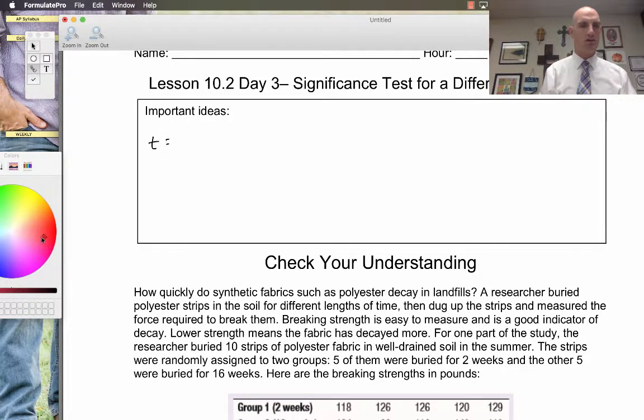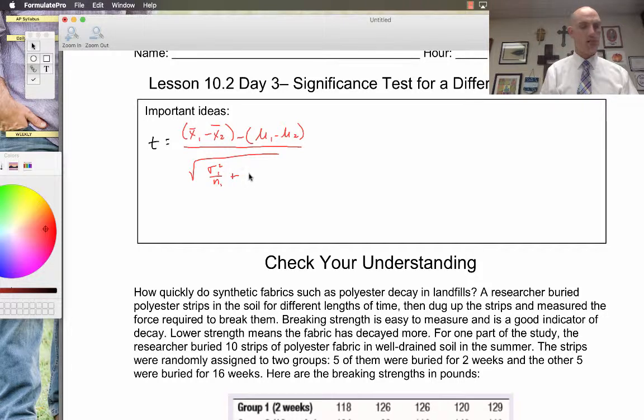Here's what our t is equal to. Take this at face value for just a second, and I'm going to explain exactly what we're doing. We should have some pretty familiar values here, right?